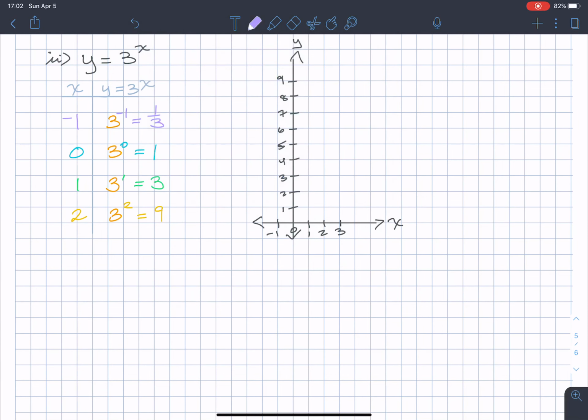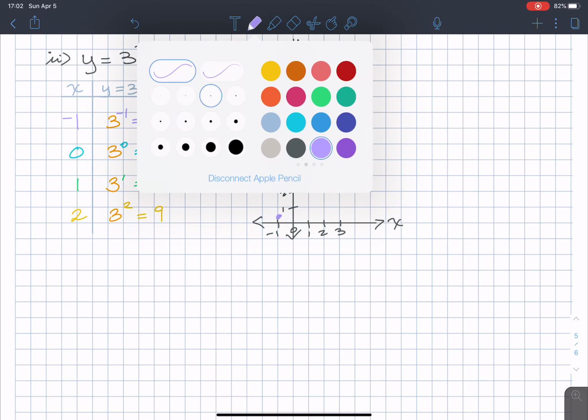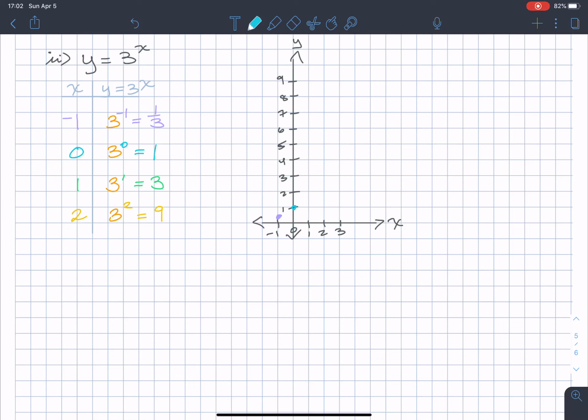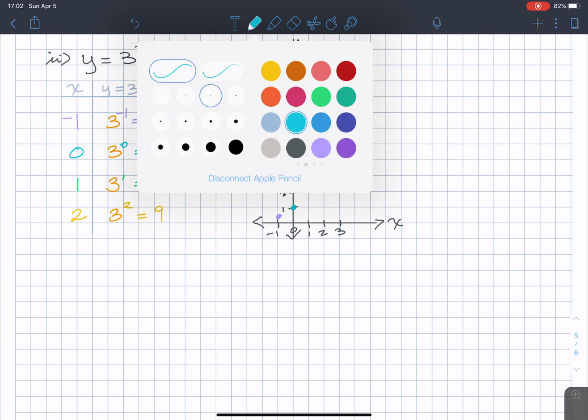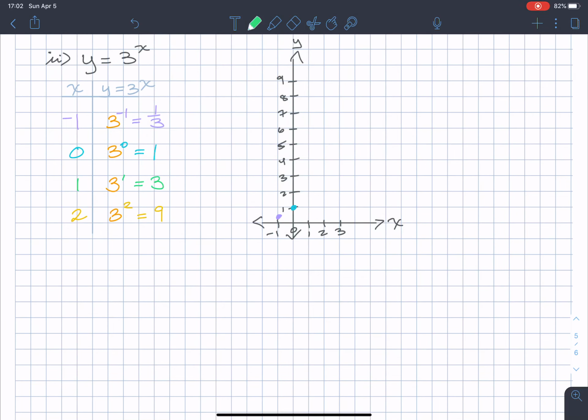When x is negative 1, y was 1/3. When x is 0, y is 1. When x is 1, y is 3. And when x is 2, y is 9. So this is a very, very steep graph here.